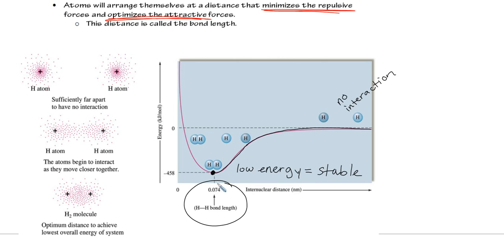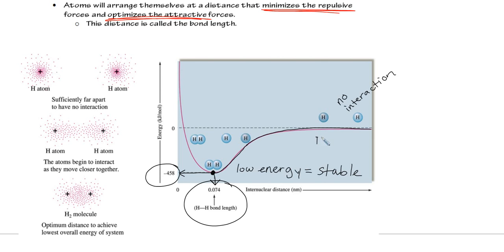Now, the other thing that's important, okay, so I find the lowest energy level, follow it down to get the bond length, follow it across. Here's the amount of energy released when that bond forms. So when we form the bond, we release 458 kilojoules per mole.